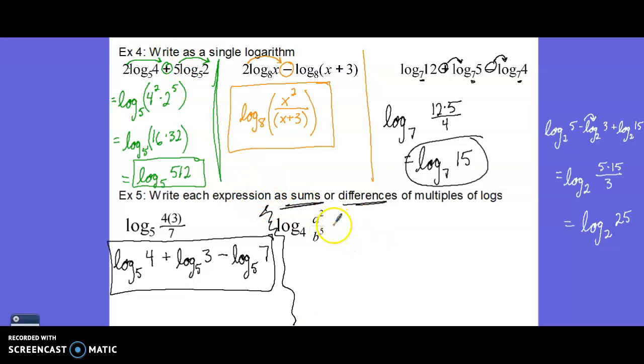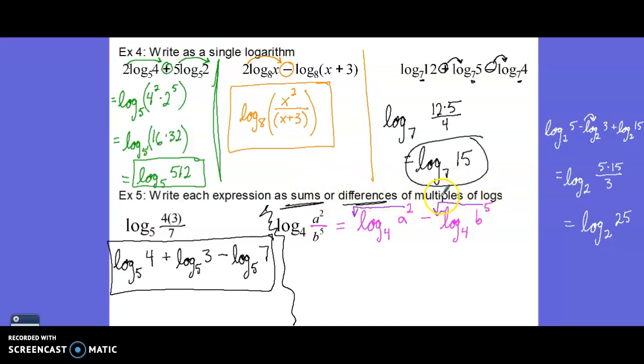So I'm going to do this next one very slowly, because as I'm looking at this, I'm just going to rewrite as log base 4. I'm going to leave it as a squared for now. The division here makes me have a minus log base 4 of b to the 5th. But we need to do one more step, and that one more step is moving the powers in front. I know the directions don't really say it, sums or differences.